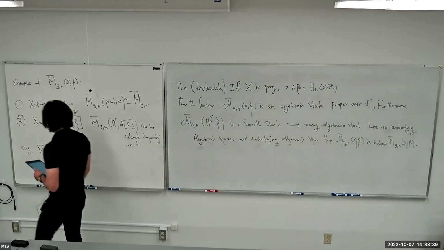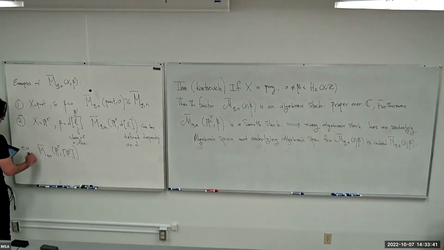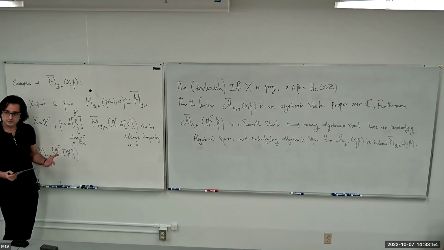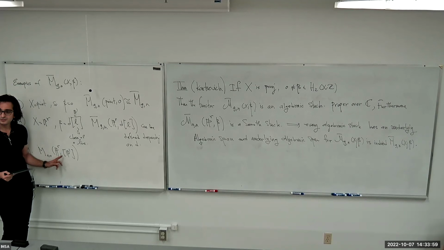So this is going to be sending, embedding P1s inside P^r. Not only is it a curve inside an ambient projective space, but these are compactifications of vector spaces, right? Subvarieties.